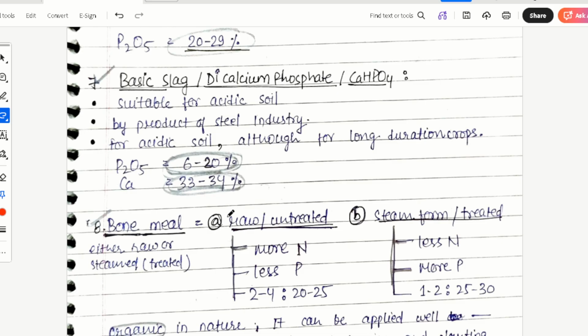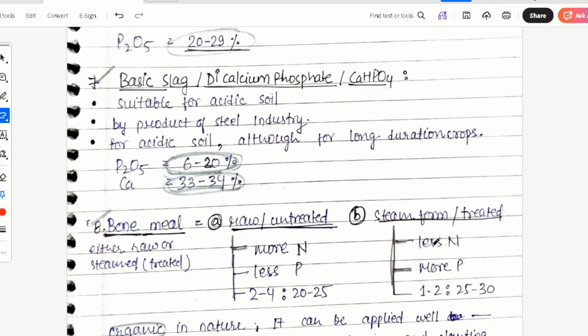The next one is bone meal. This is of two types. The first one is raw, untreated, and the second one is steamed or treated. In untreated, there is more nitrogen and less phosphorus, which is 2 to 4% and 20 to 25%.